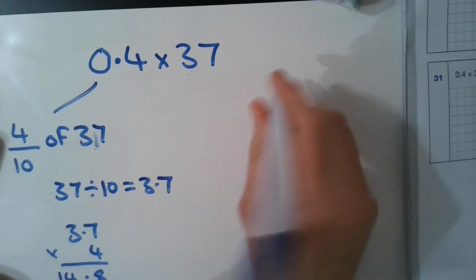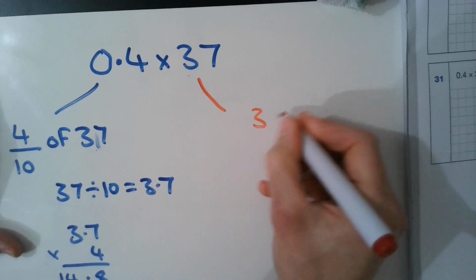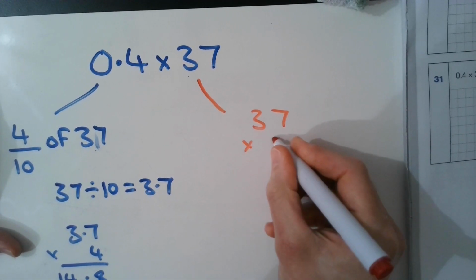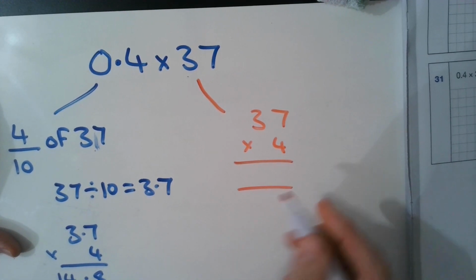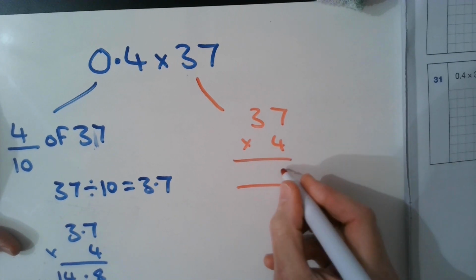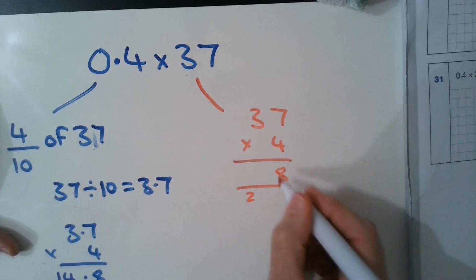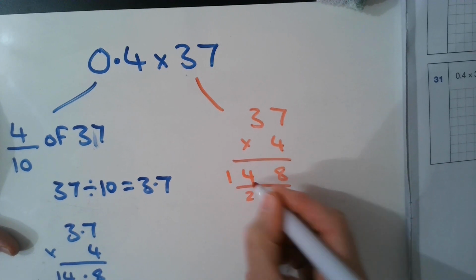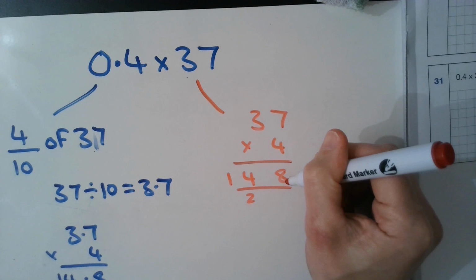Some of you may look at another way of thinking about it: you could do 37 times 4. So 37 times 4, 4 times 7 is 28, 4 times 3 is 12, add on the 2, 14. So 37 times 4 is 148.